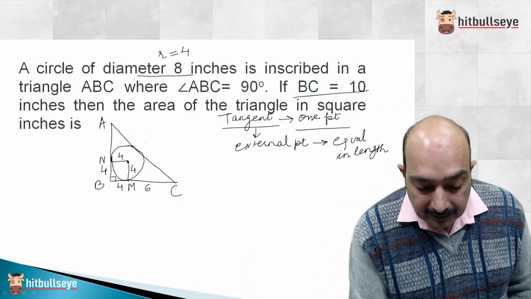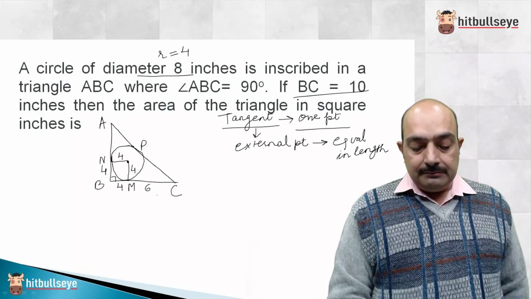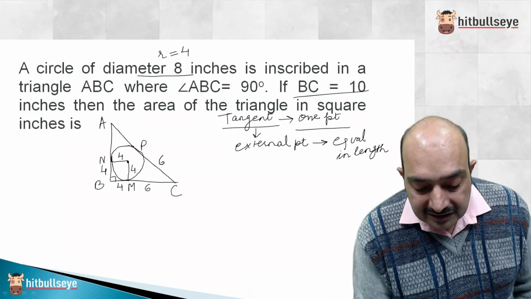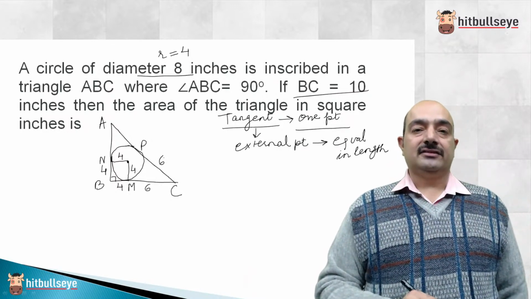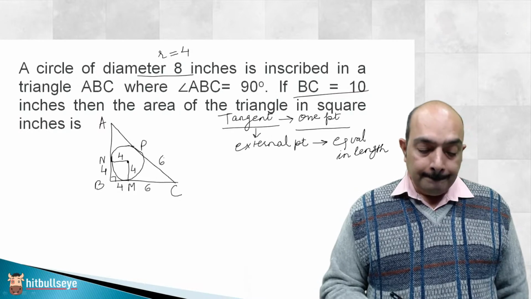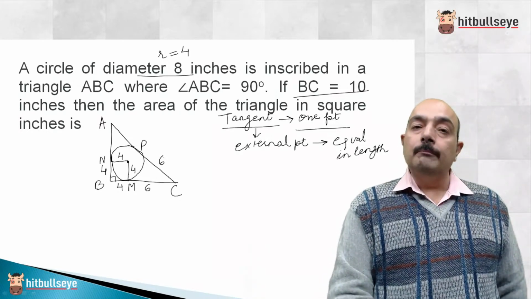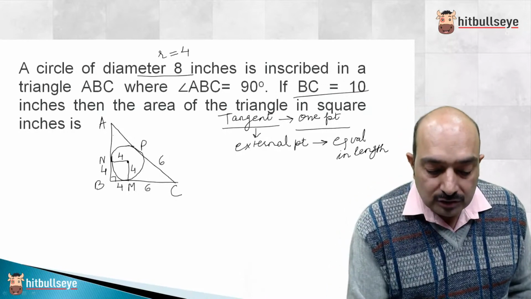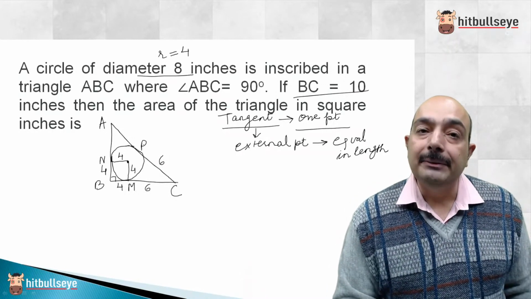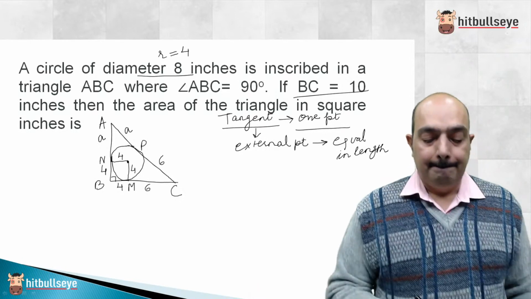If this point I am taking as P, can I say if CM is 6, obviously CP would be 6? Everybody agrees with me? On the same lines, if I take two tangents from point A, can I say those are AN and AP? And let us take the value as a.